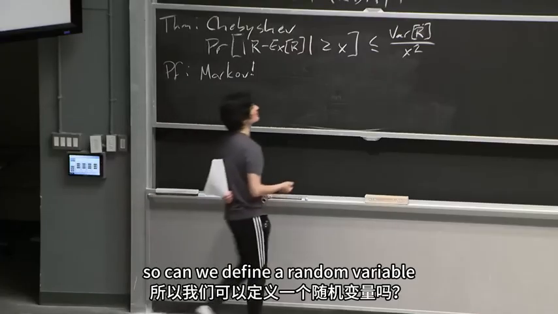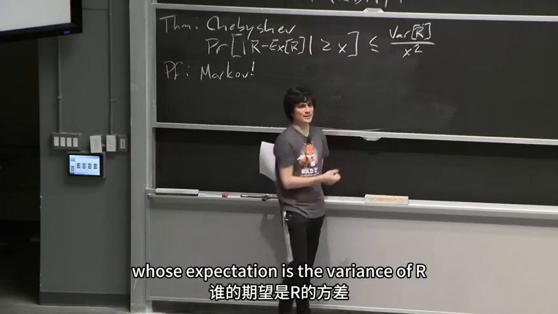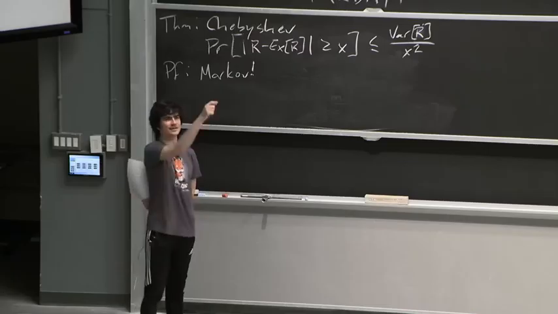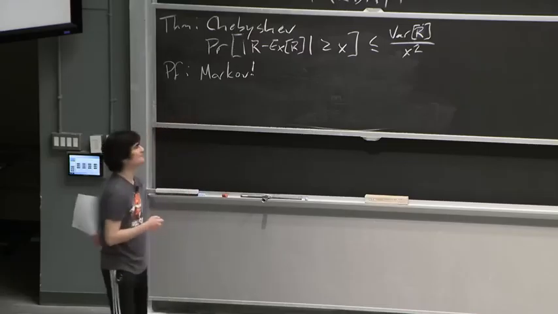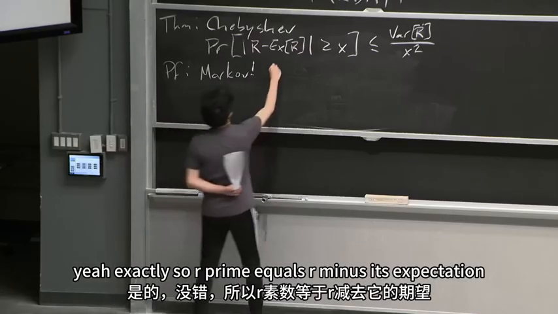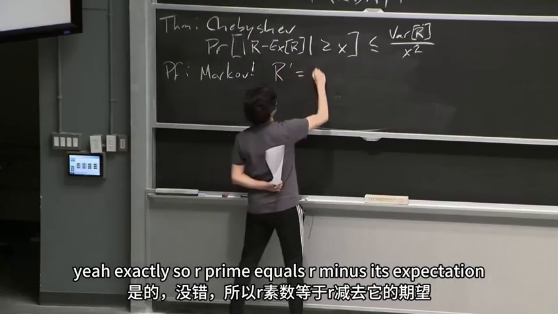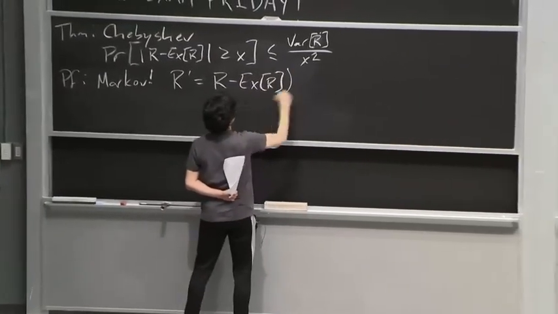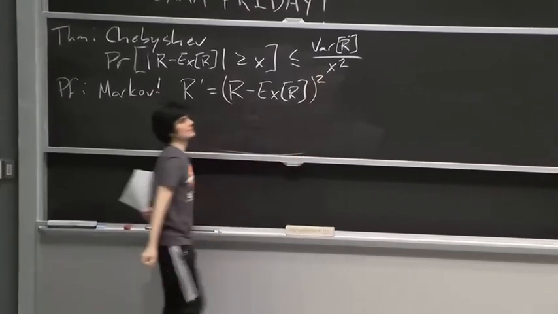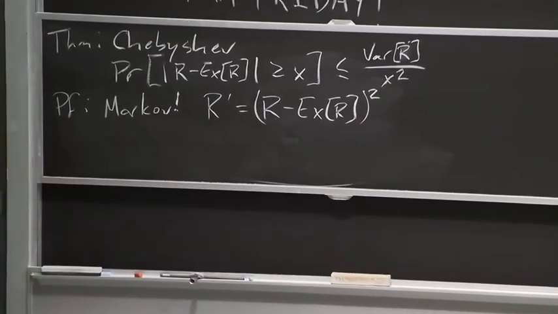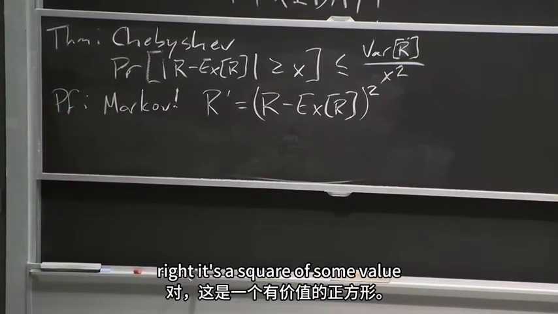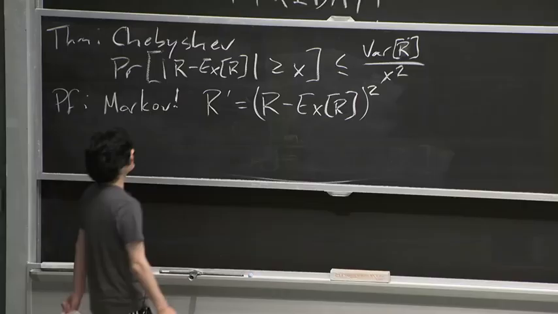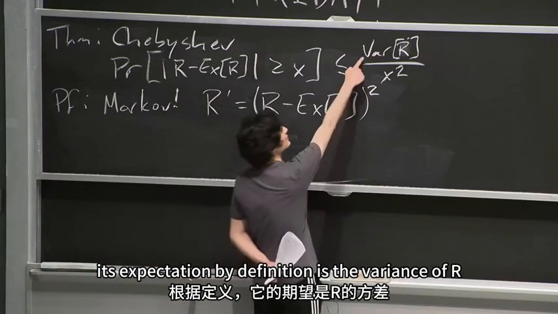So can we define a random variable whose expectation is the variance of R? Yeah, exactly. So R prime equals R minus its expectation, squared. So this is non-negative, right? It's the square of some value. Its expectation, by definition, is the variance of R.